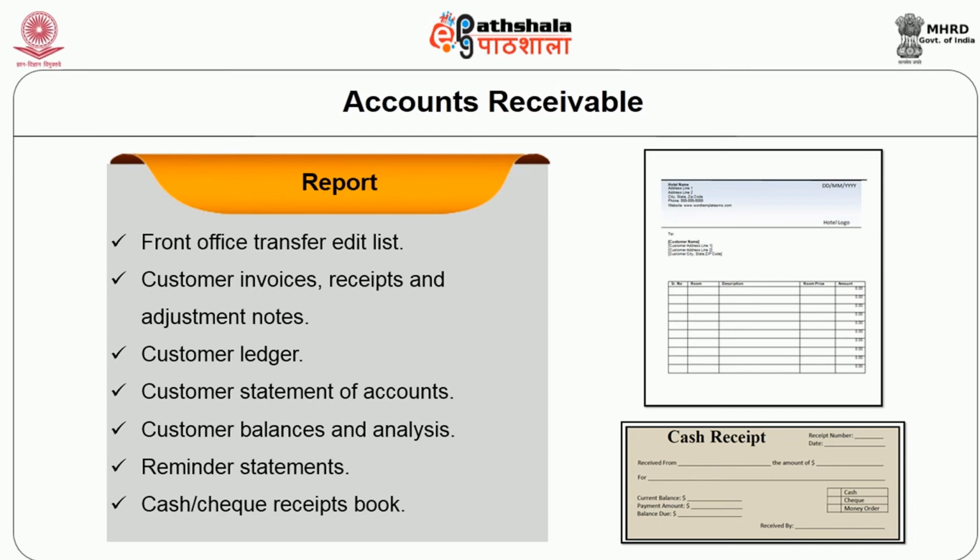So any reminders regarding the customer are recorded or given in the reminder statements. Then the check or cash receipt book. Whether it is in cash, all that will be recorded on the cash side. Check receipts will be recorded on one side. So both will give you clear-cut information.